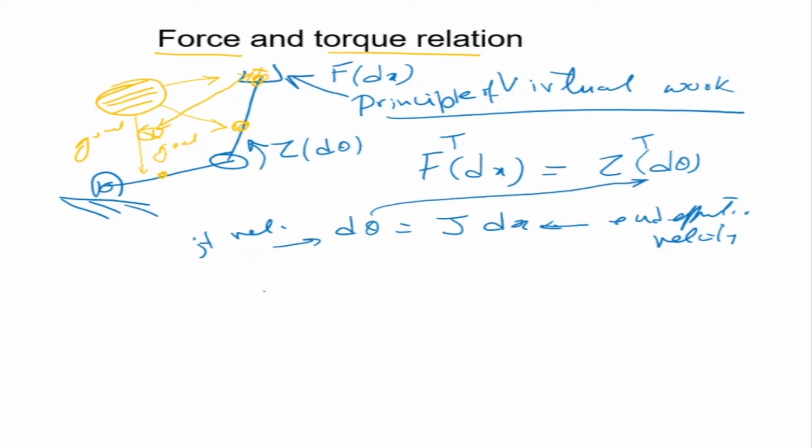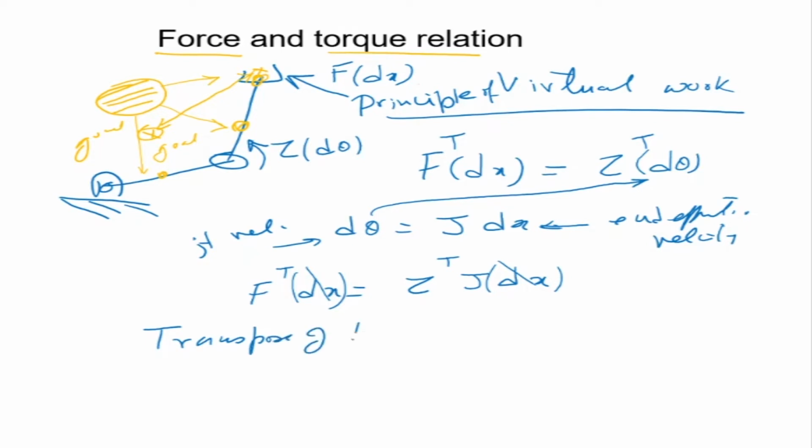So what I get from that equation is F transpose dx is equal to tau transpose J dx. I have dx on both sides, so they cancel each other. Now if I take the transpose of both sides, what we get is tau is equal to J transpose F.